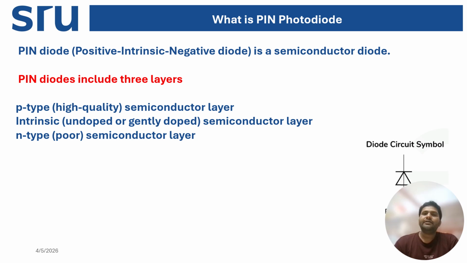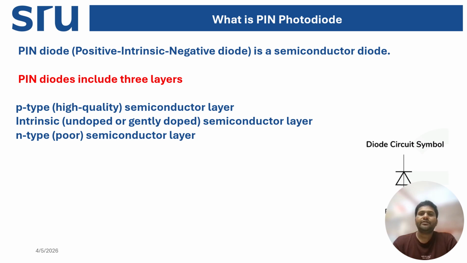So, why is the intrinsic layer important in the PIN photodiode? The intrinsic layer provides several advantages: wide depletion region, more photon absorption, and reduced capacitance for faster response, and the device improves efficiency.